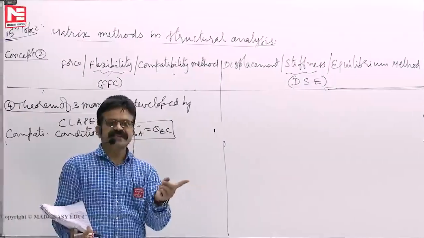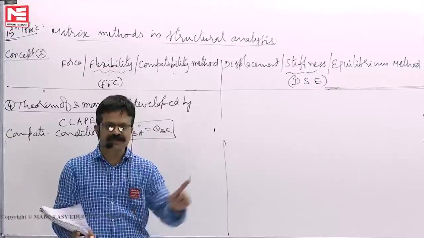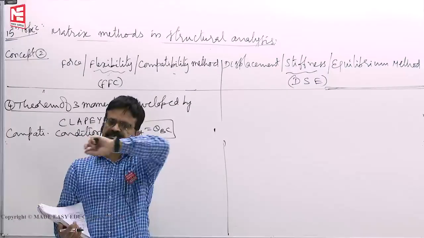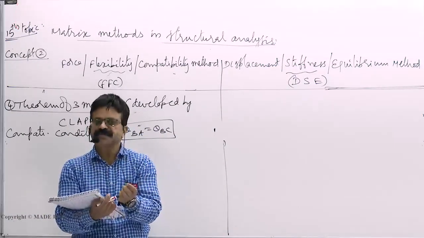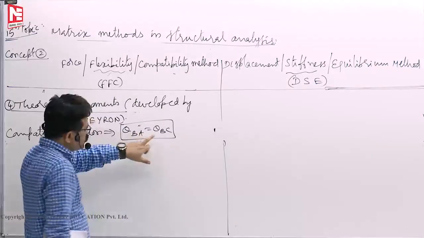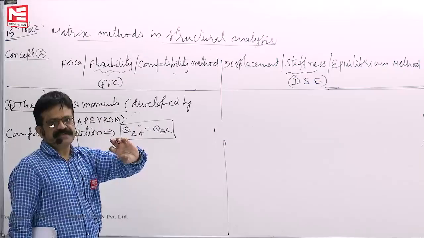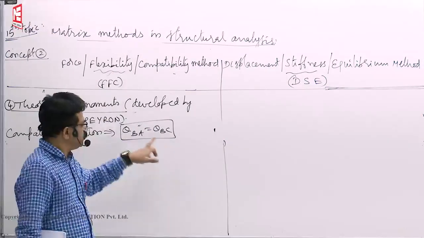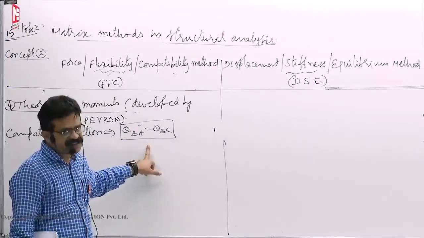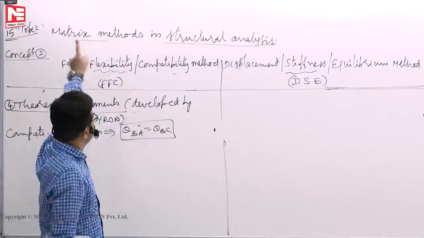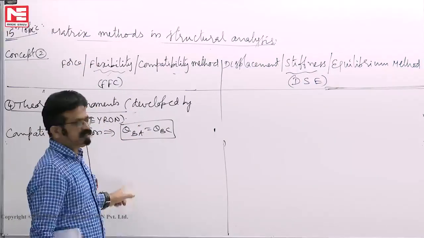So at one side, whatever slope is there, the other side also the same slope should be there. Otherwise, the beam is not continuous; it is broken. So using this condition, he has given the theorem of three moments, Clapeyron. Since he took the help of compatibility conditions, it also comes under the force method of analysis.